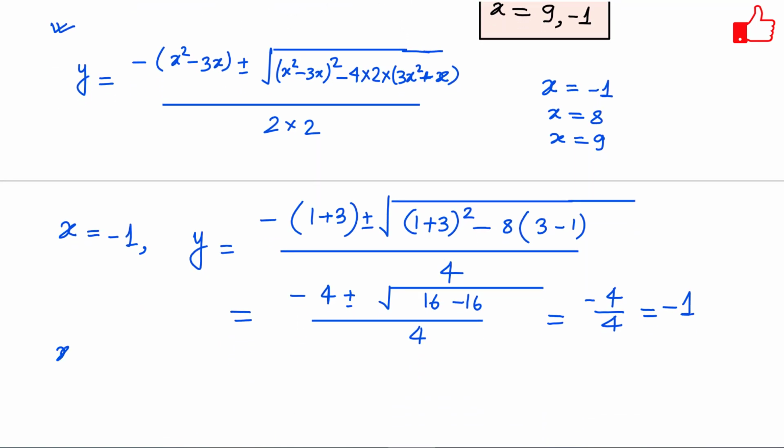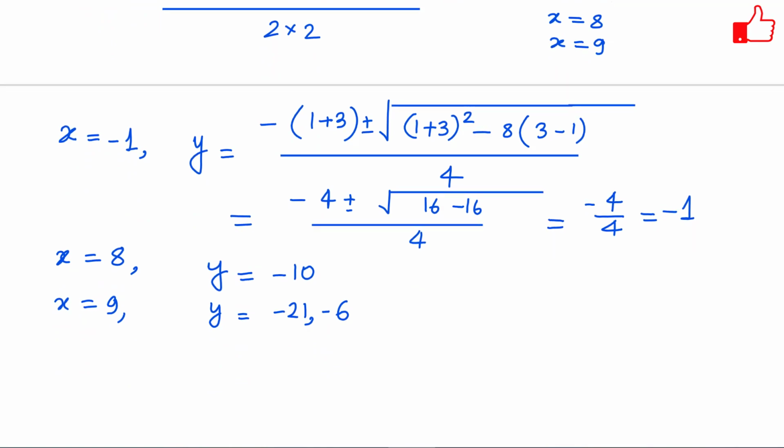Similarly, you can solve when x is equal to 8, and in that case you will find y is equal to minus 10, and when x is equal to 9, y is equal to minus 21 and minus 6. So what are the solutions for xy?